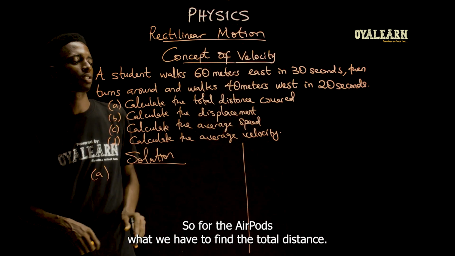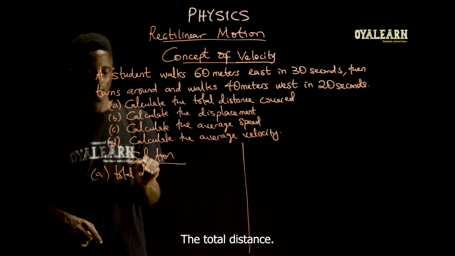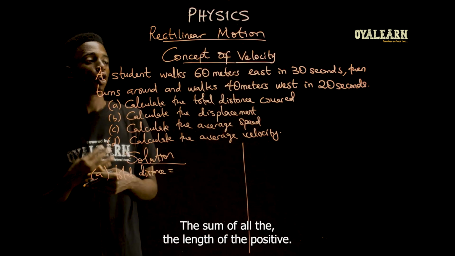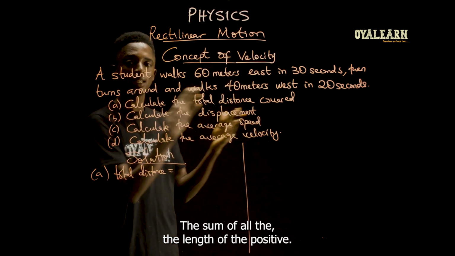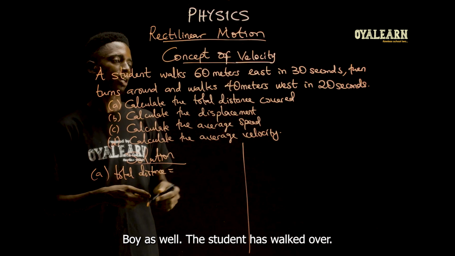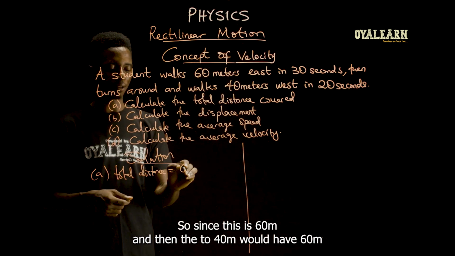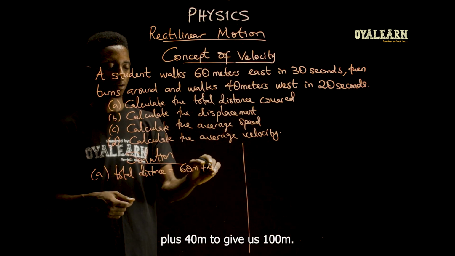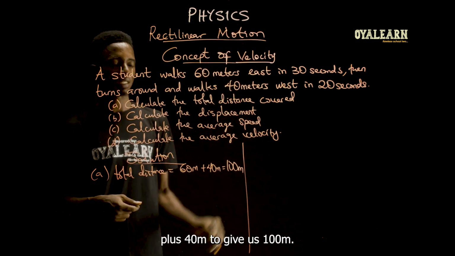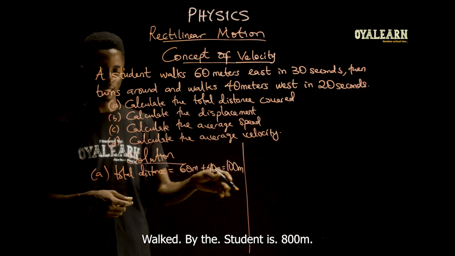For the A part, the total distance would be the sum of all the lengths of the path the student has walked. Since this is 60 meters and later 40 meters, we have 60 meters plus 40 meters to give us 100 meters. So the total distance walked by the student is 100 meters.